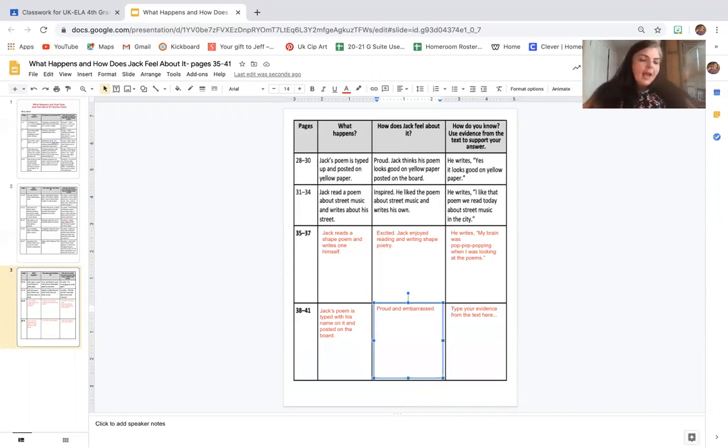So Jack lets the teacher, Miss Stretchberry, put his name on the poem. But he also gets embarrassed.